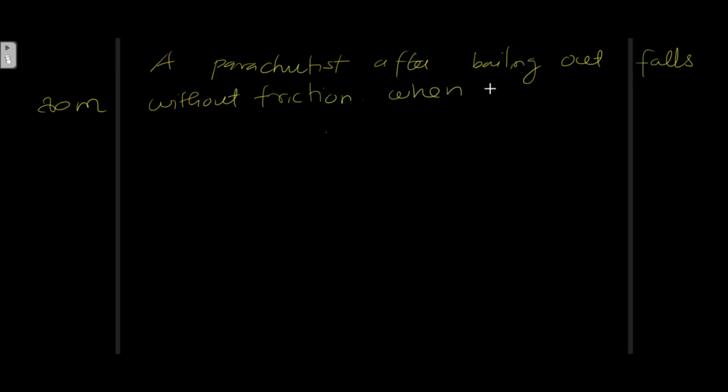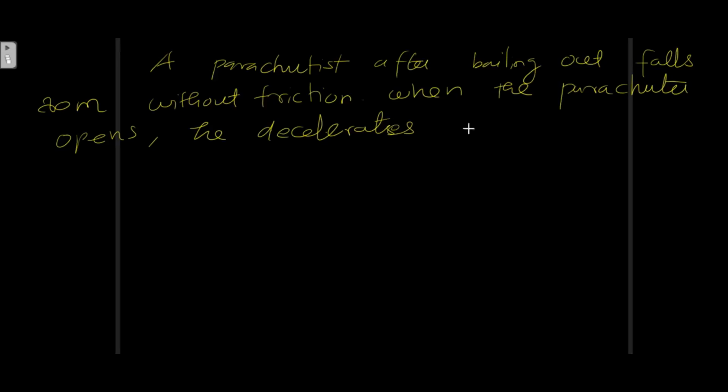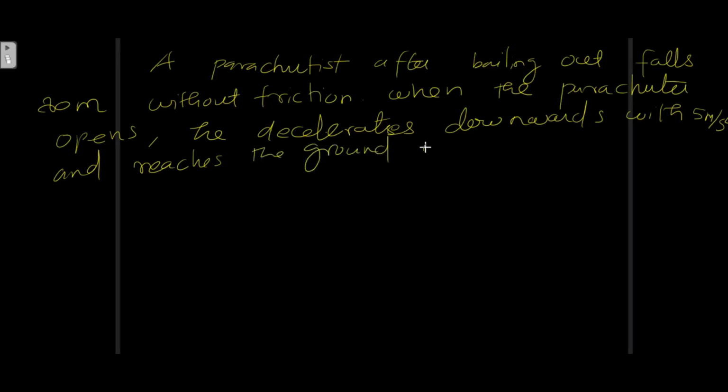When the parachute opens, he decelerates downwards with 5 meter by second square and reaches the ground with a speed of 10 meter by second.